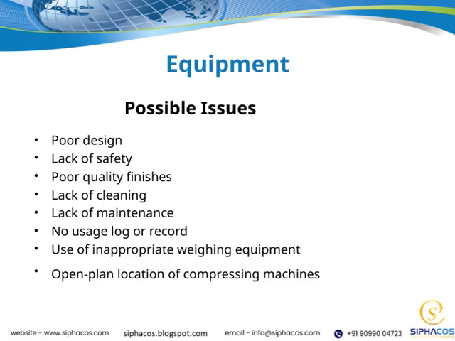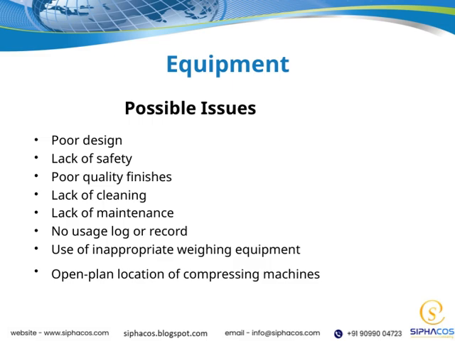Similarly, lack of maintenance can lead to equipment breakdowns and decreased efficiency, which ultimately impacts productivity and safety. Another point to watch for is the absence of a usage log or record. Keeping track of how equipment is used and maintained helps in identifying issues early and ensures accountability.